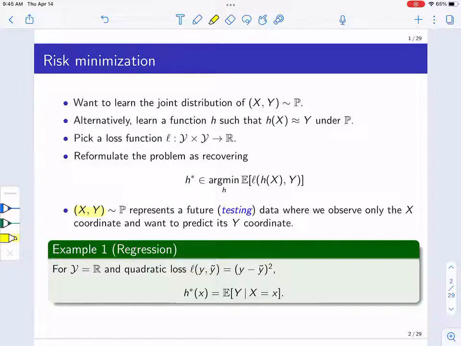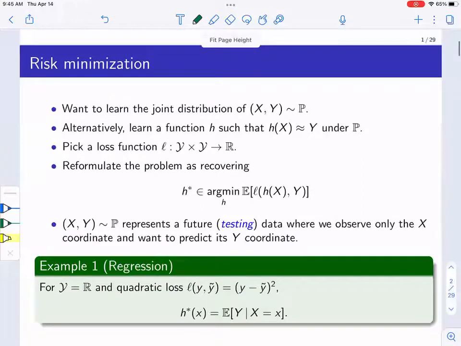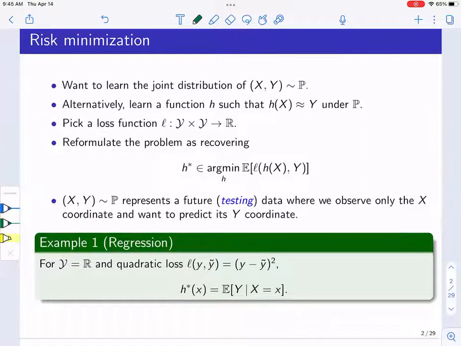And this is, let's say, prediction error, sometimes called generalization error. So how will you generalize to new data points?